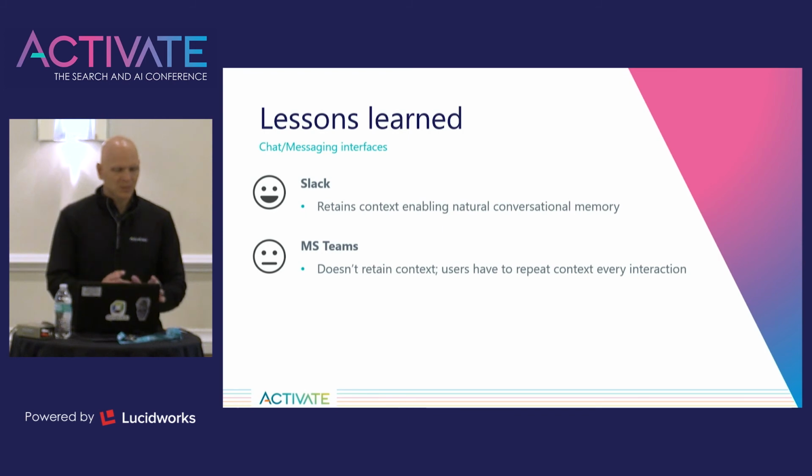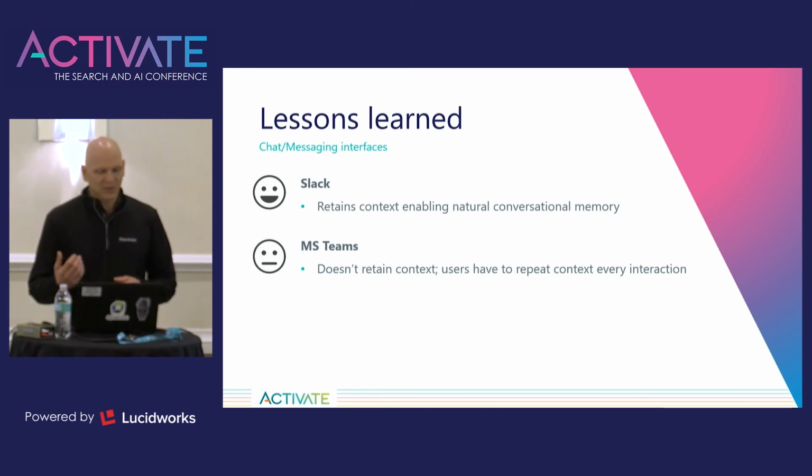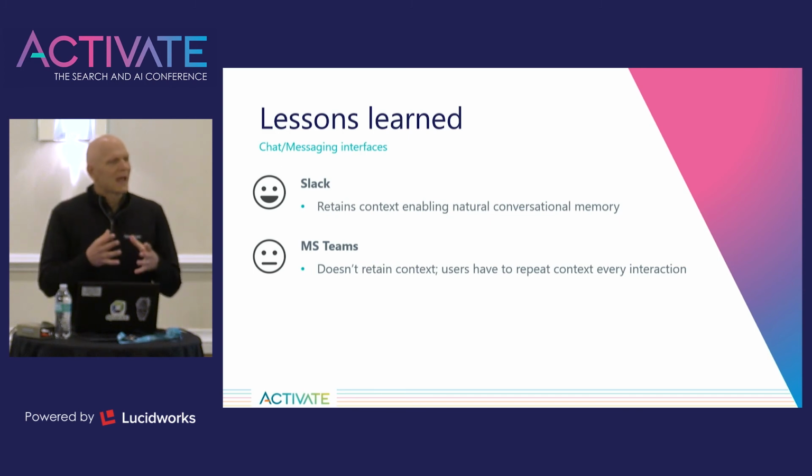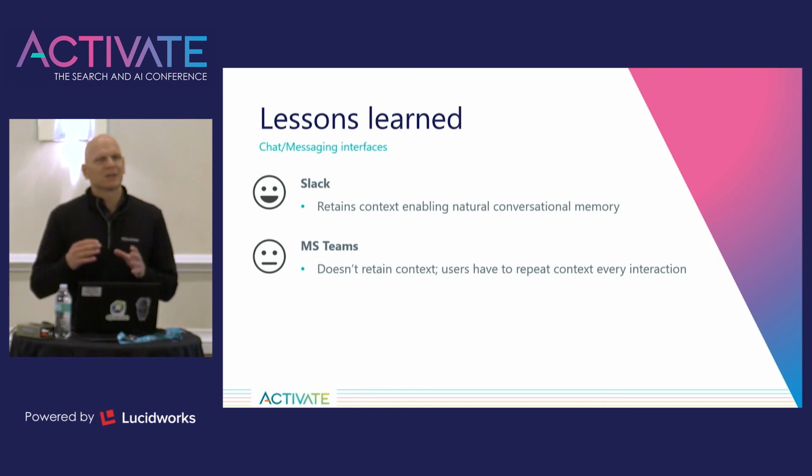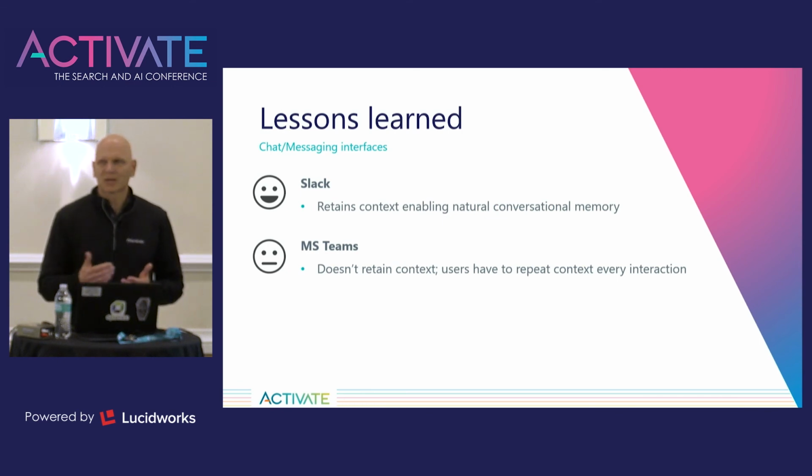So I mentioned Slack, by far the easiest application to integrate with, very dev-friendly. There's more data about the user available. The authentication is much less restrictive. Our app receives every message in the channel, so you mention Dave Assistant once, it remembers it, and you never have to do it again. In Microsoft Teams, we found that you do have to mention the app in the channel every time you want to interact with it.